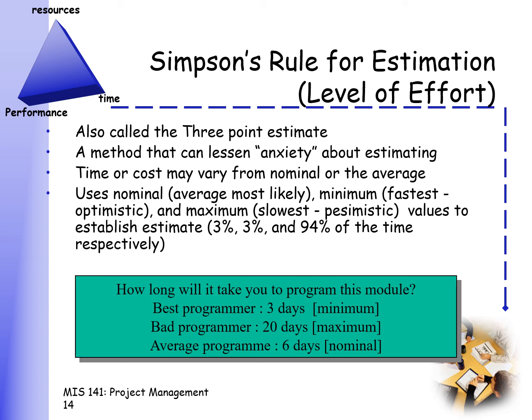So let's say the best programmer will take 3 days, the bad programmer will take 20 days, and the average programmer will take 6 days. The best is what you call the minimum. The bad is what you call the maximum or the pessimistic. The minimum, by the way, is the optimistic, and the average is what you call the nominal. So how does this help us?